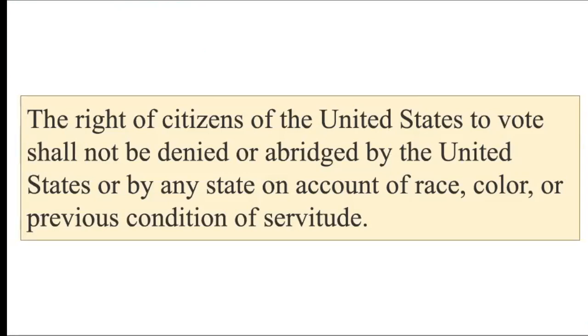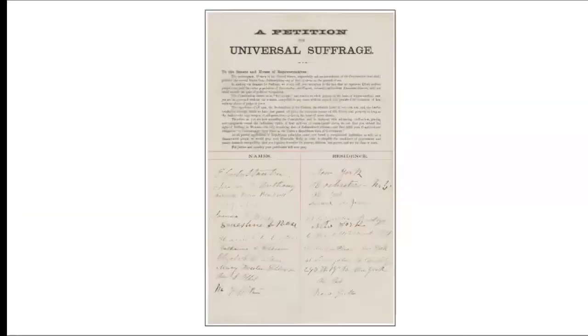Another thing to note is the protected categories: race, color, previous condition of servitude. The category "sex" does not appear, and not because Congress didn't think about it. This, like the inclusion of the word "male" in the 14th Amendment, was quite deliberate. In both cases, this was not meant just to stick it to women, although that certainly was a feature for many congressmen.